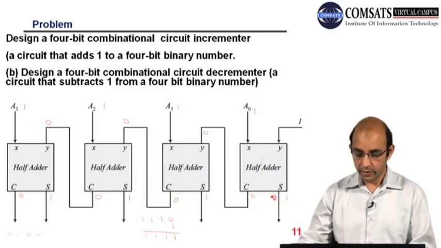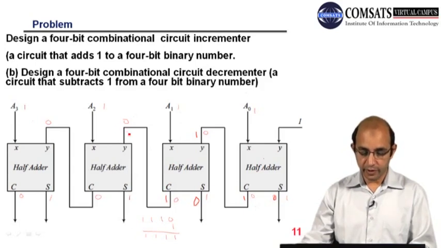So 0 here, and then 1 carry. I will be writing here 1 carry, that 1 carry will be moved here. So 1 1 0 is sum 1 carry, and then this one will be moved here. 1 1 0 sum 0 and 1 carry, and then we have the same one here, so 1 1 0 sum 0 and 1 carry, right?